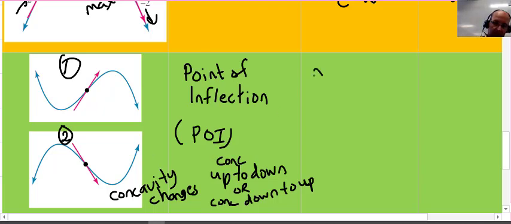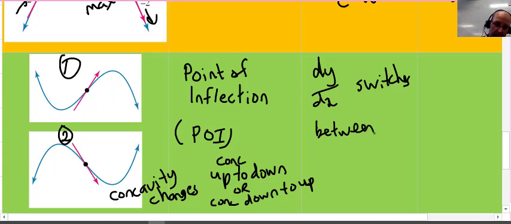And dy/dx switches between increasing and decreasing. So it switches.